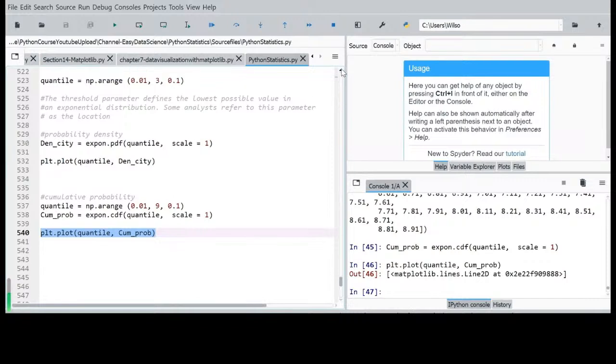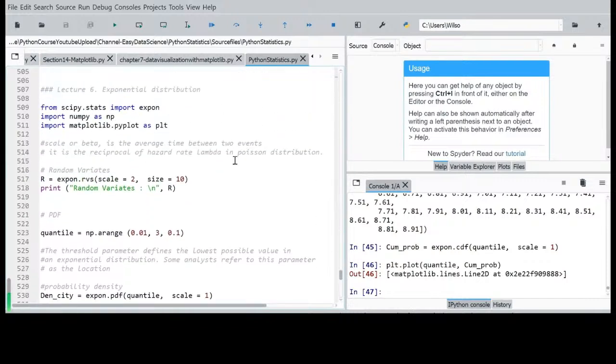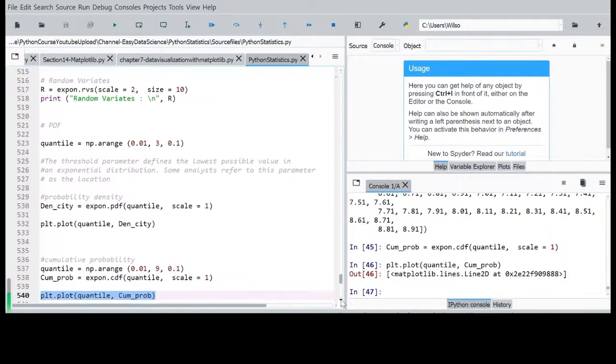So for the exponential distribution, we can use three functions from the expon module. The RVS function can generate random numbers. We have to set beta, called scale, and the size, how many random numbers we want to generate. If we want to show the density function, we can use the expon.pdf function. We have to set beta, which means the mean time between two events, and the quantile is an array of the values we want to evaluate.